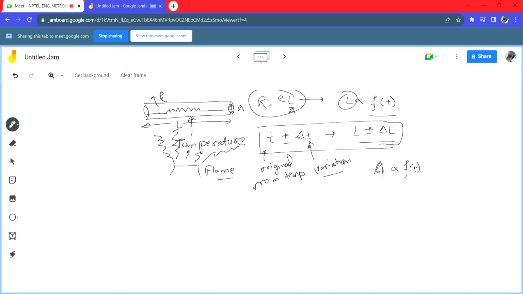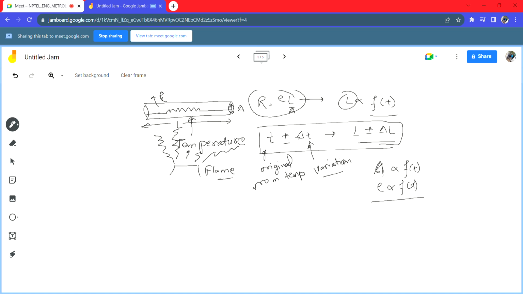And similarly, I can say for resistivity also, if the material permits. In that case, the resistivity rho can also be a function of temperature. Although it is constant for many materials, with the rise and decrease in temperature, the resistivity might change.